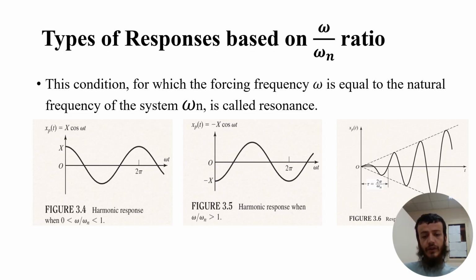If it is greater than 1, then the steady state response will be negative; you can see here it starts from negative. And at a ratio of 1, there will be resonance, and the amplitude gradually increases. Look at figure 3.6.